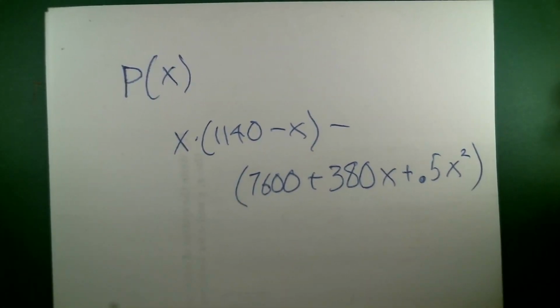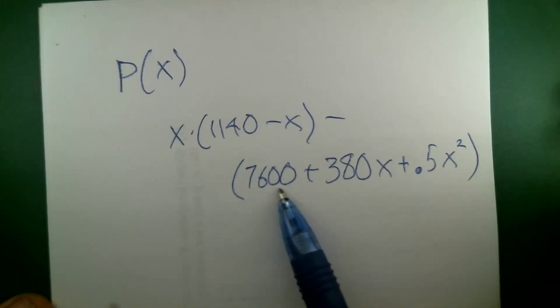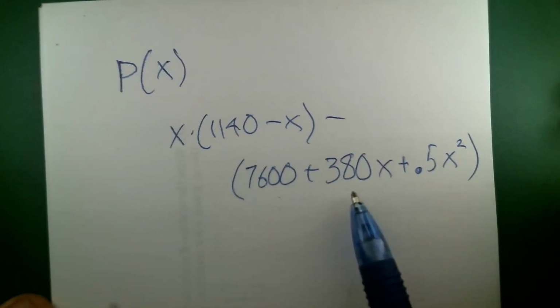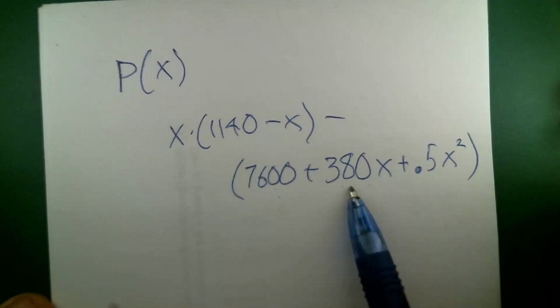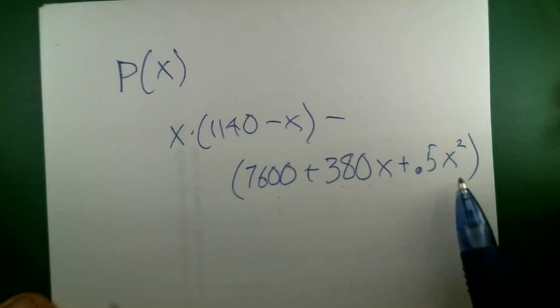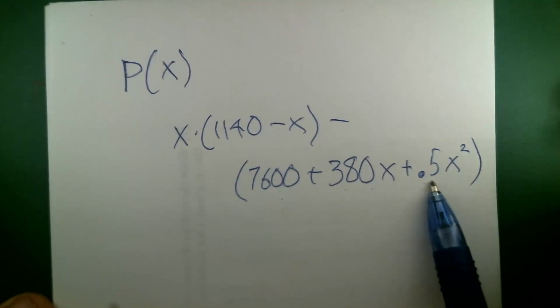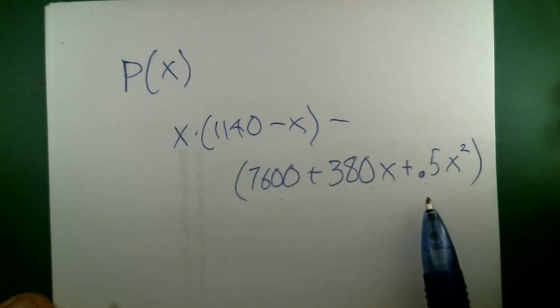If you know the terminology about fixed and variable costs, that's what you're seeing in here. 7,600 is your fixed cost, and 380 is a cost per item sold or per item produced. That's a variable cost. There's also a quadratic term in here. That's the sort of thing that usually people say is the inefficiency term.